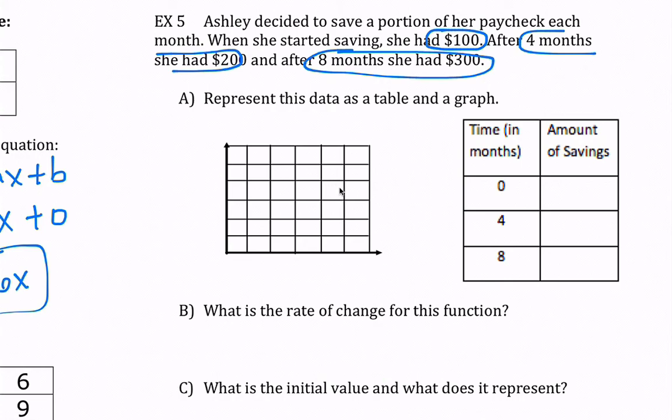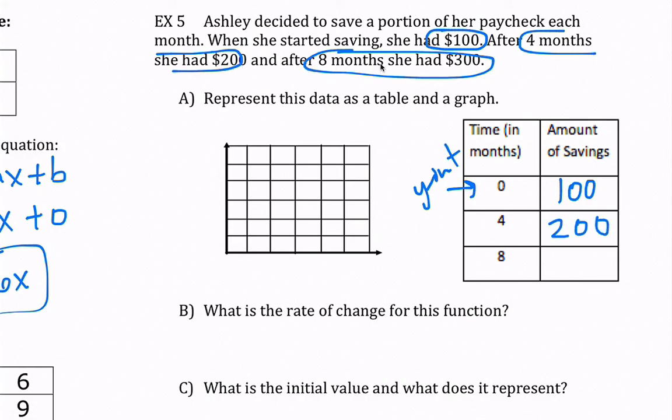All right, so at time 0, this is our starting point. Remember, this represents our y-intercept. So I know she started with $100. After 4 months, she had $200.